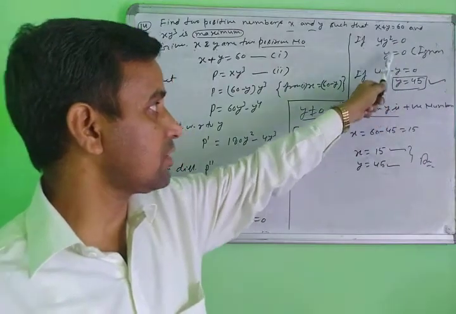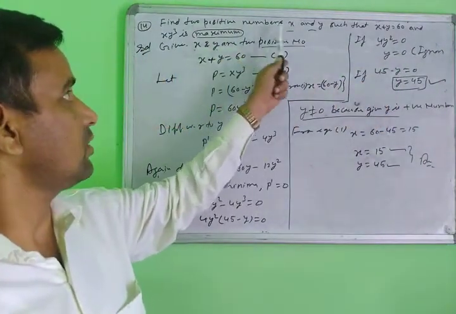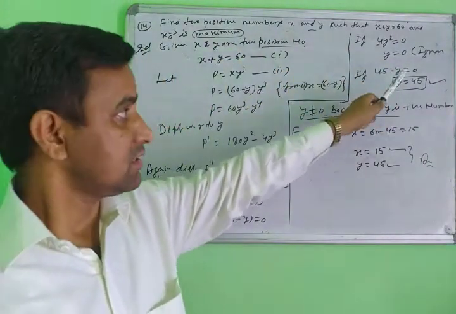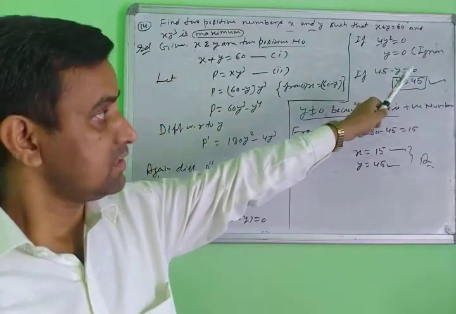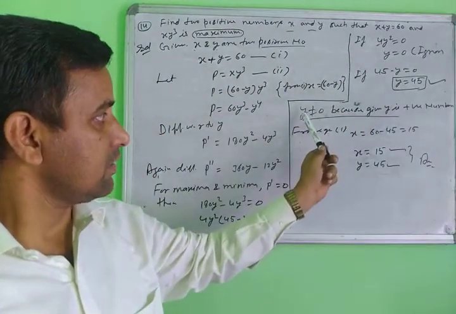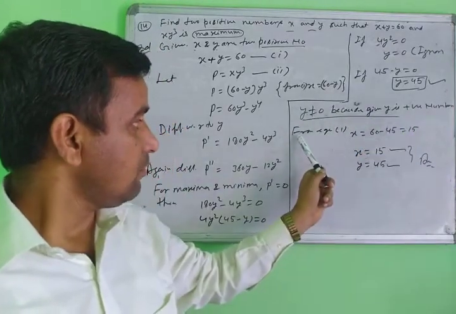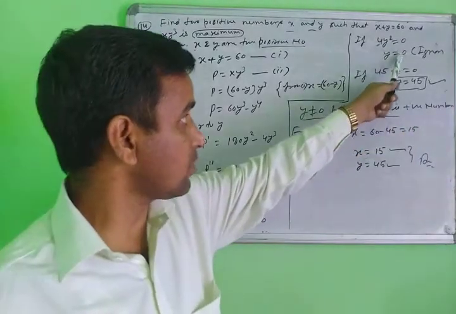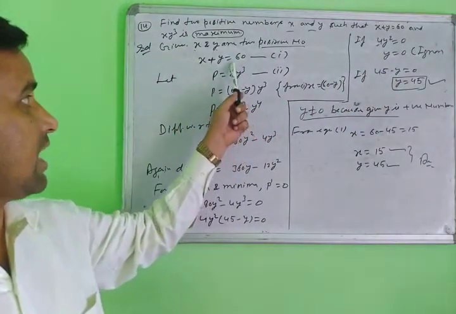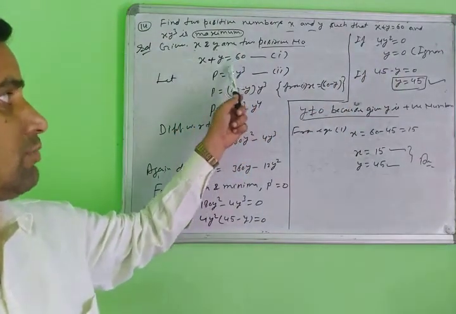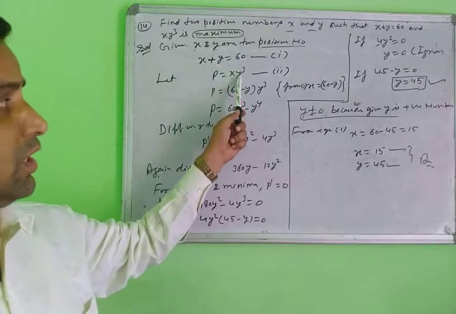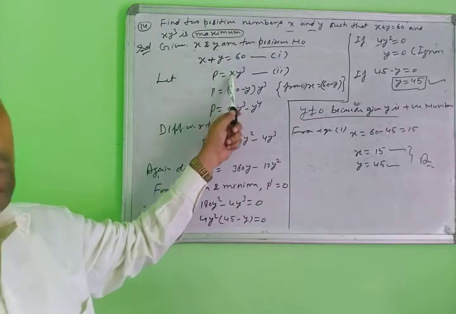But here y equal to 0 is not possible because x and y are given as positive numbers, and 0 is not a positive number. Suppose you put y equal to 0 here, then the maximum value converts to 0. This is not the maximum value.